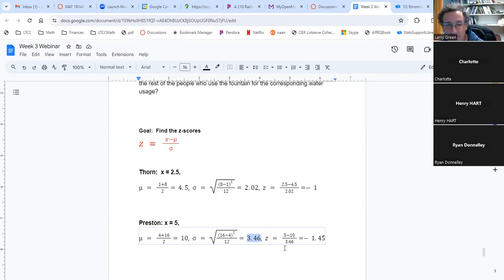Any questions on that? Okay, now the z-score will be x, which is 5, minus mu, which is 10, divided by the standard deviation, which is 3.46. I put that in my calculator, and I got -1.45. Which was more unusual, Thorne or Preston?